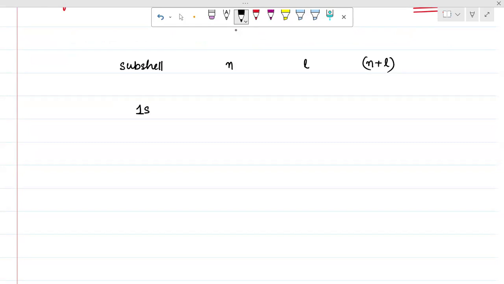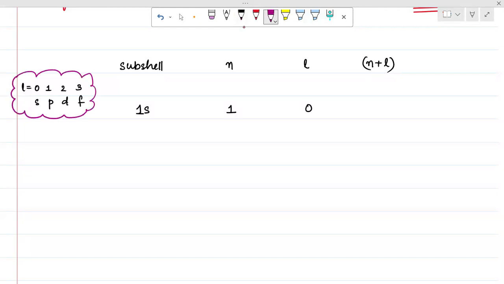Now 1s, what is the principal quantum number? 1. The azimuthal quantum number corresponding to s is 0. I hope by now you know that. L is equal to 0, 1, 2, 3 corresponds to s, p, d, f and so on. I hope this is known from the previous session. So N plus L value is 1 plus 0, 1.